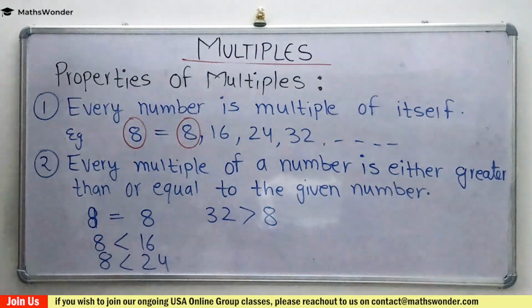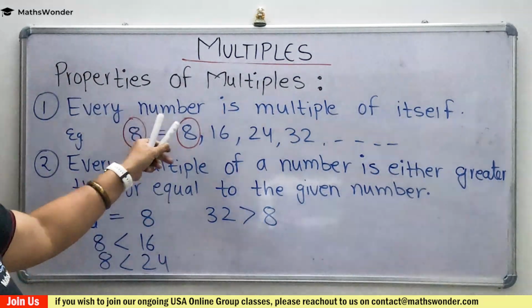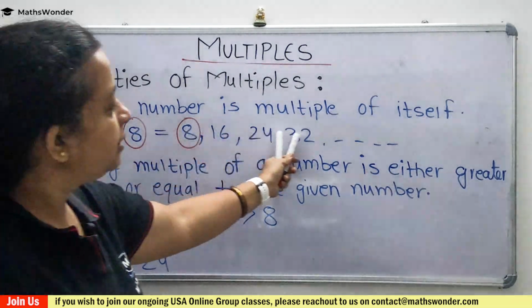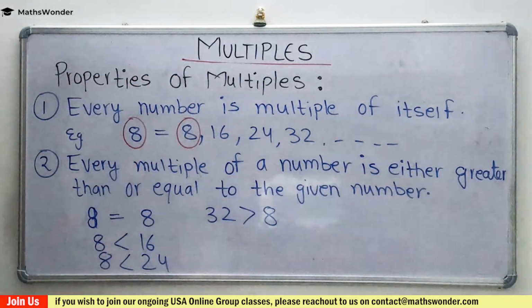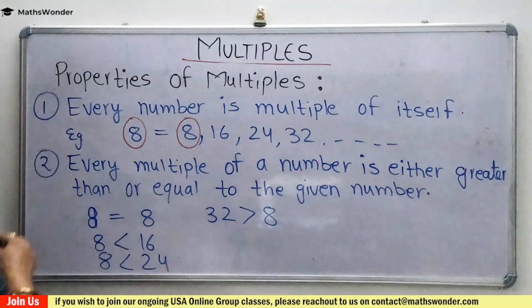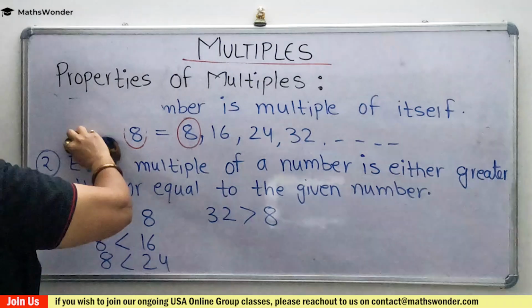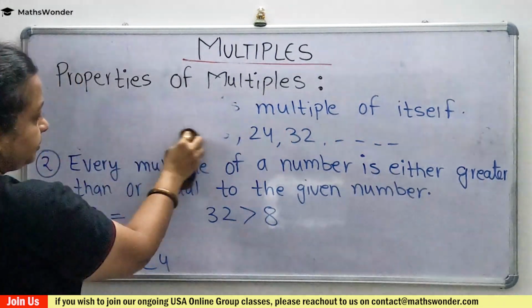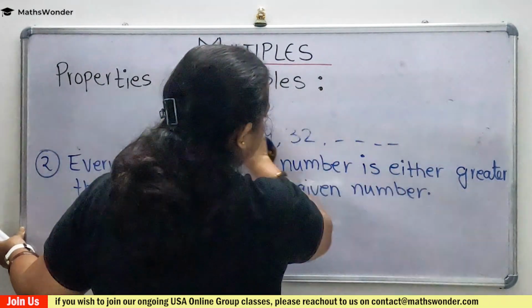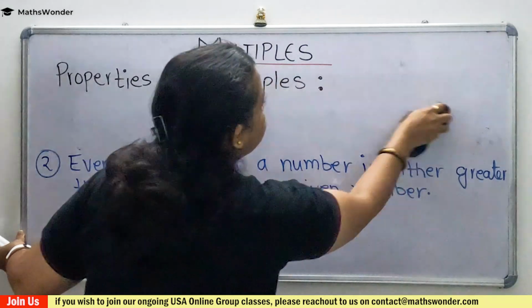So 8 equals 8 and the other multiples are greater than 8. Understood? That is property number two.